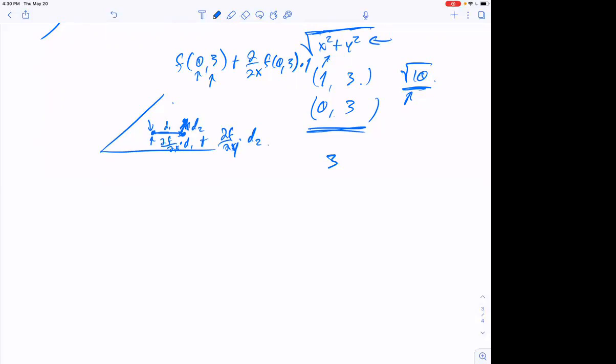But otherwise I'm going to start talking about the gradient and what you should know there. So last call, other questions? Other questions about the midterm? All right, then let me talk about the gradient.